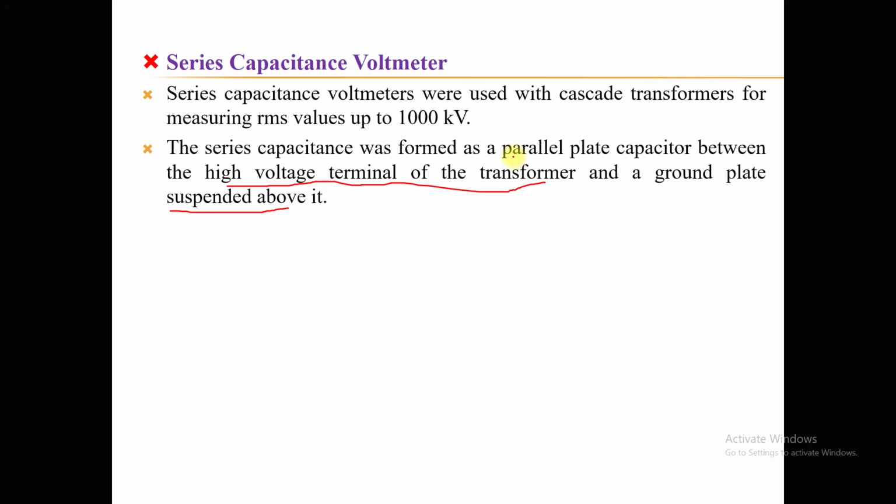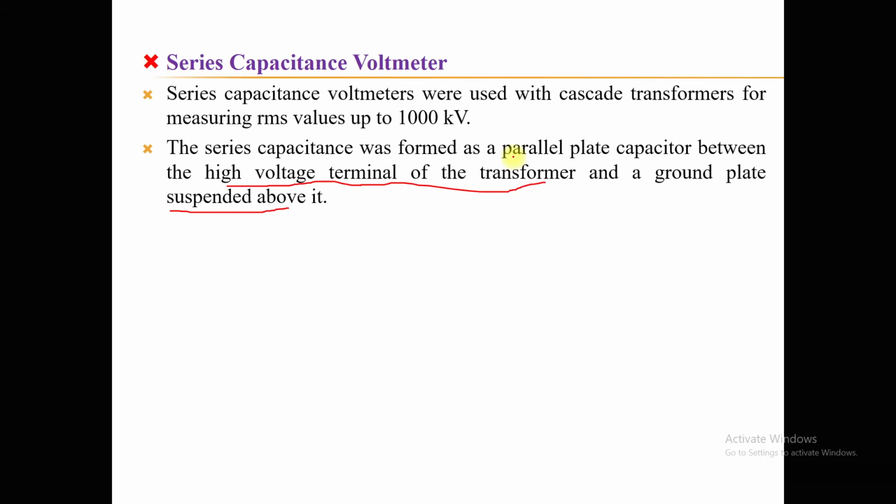If you consider the connection of the cascaded transformer, the first transformer has three secondary windings. The secondary winding is constructed as a whole, but it is distributed into three parts: the excitation winding, the high voltage winding, and the metering winding.